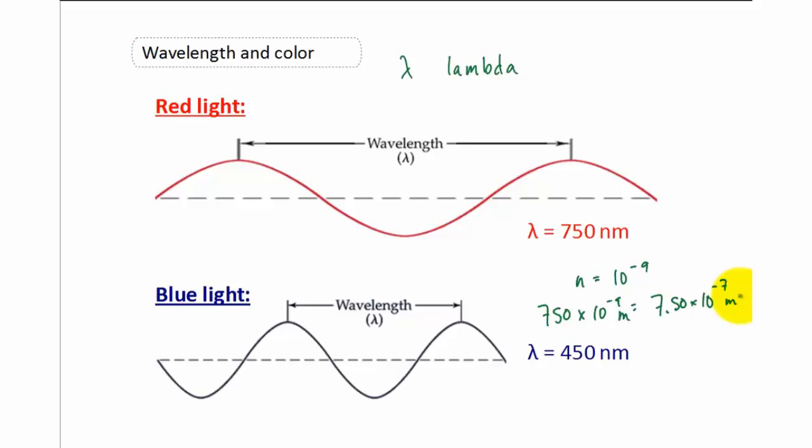if we just put that in the right kind of scientific notation. So it's almost approaching, right? Red light, if this were to go up to 800 or 900, we'd get to 10 to the minus 6 meters. And to give you an idea of the size of this, a human hair would be about 100 times wider than this.